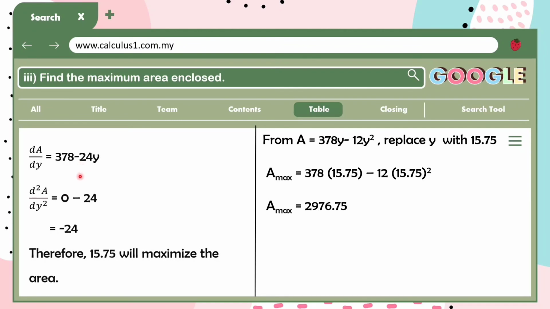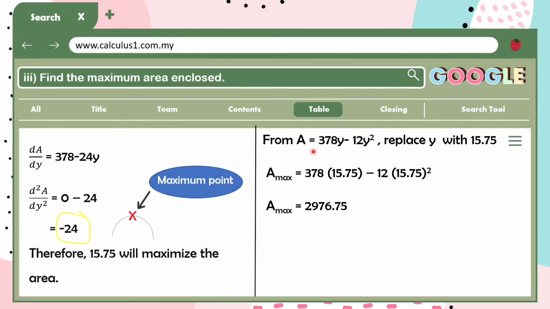We keep the minus sign, and when we differentiate 24y, we get 24. 0 subtract 24, we get negative 24. I want to remind that we get a negative value here. That means we will get a sad graph, which gives us a maximum point. Therefore, we can say that 15.75 will maximize the area.